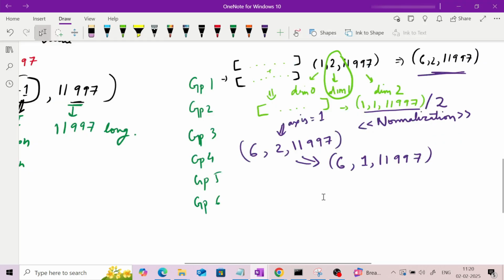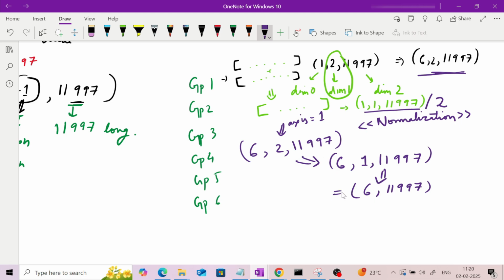As I was saying, when we are summing it by axis equal to 1, this 6 by 1 by 11997 is the same as 6 by 11997. After summing it up via axis 1, one of the axes gets reduced, and the final dimension is six groups, and each group is of length 11,997.